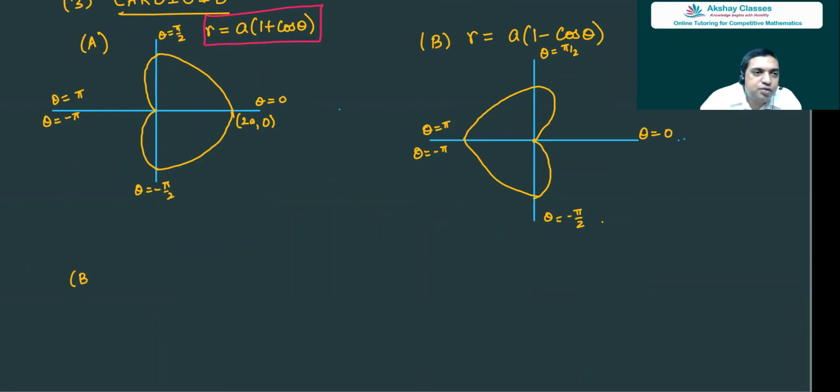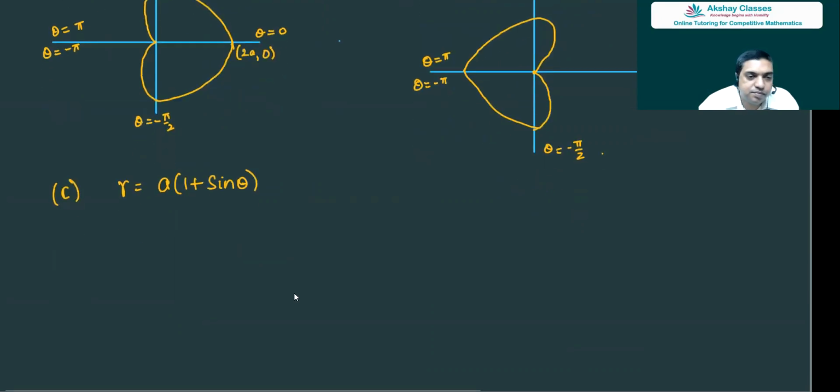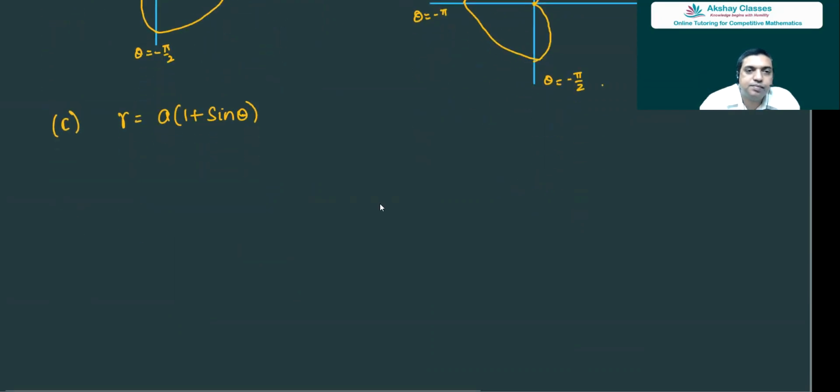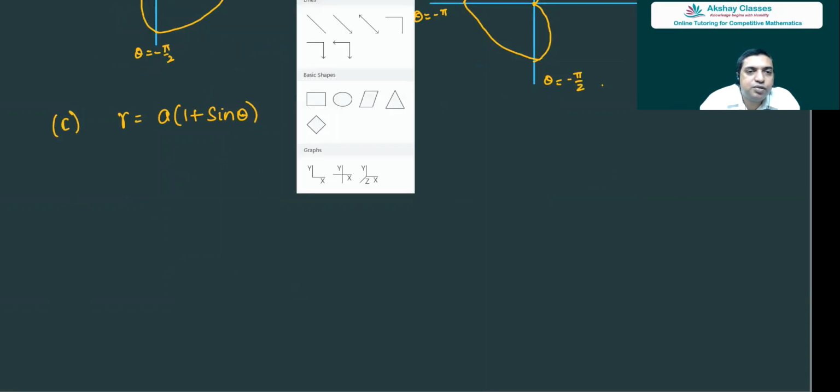Next, we have two more cases. R is equal to A into 1 plus sine theta. So you can guess what the shape will be.